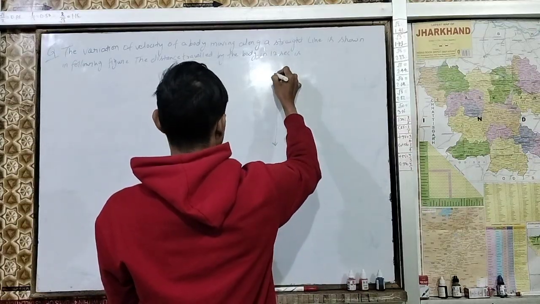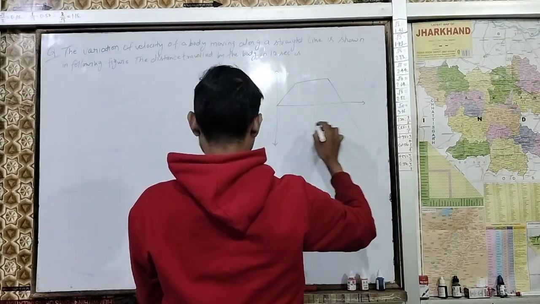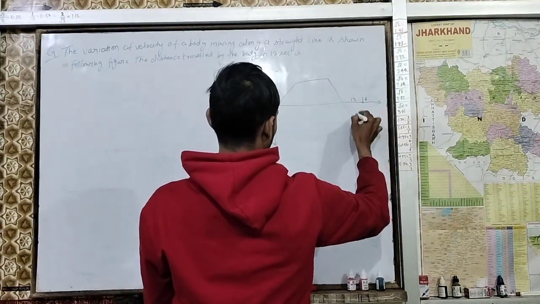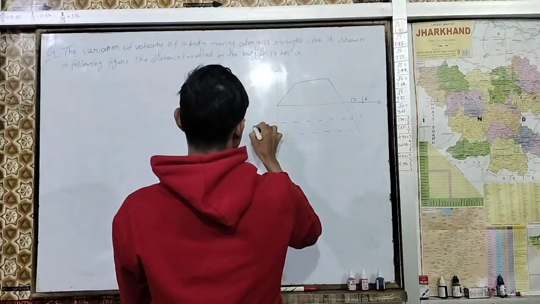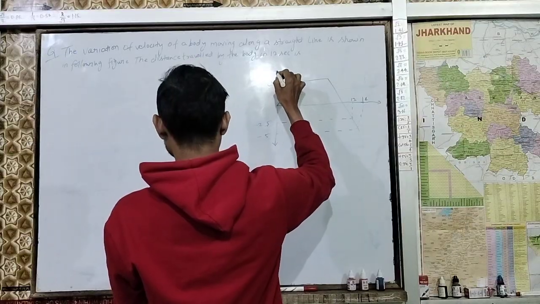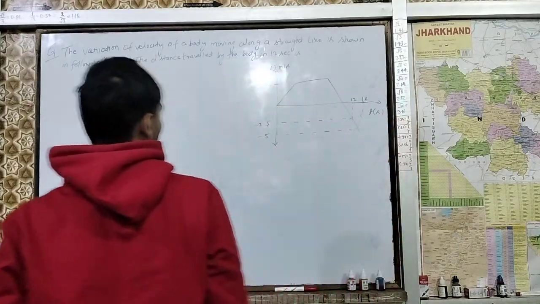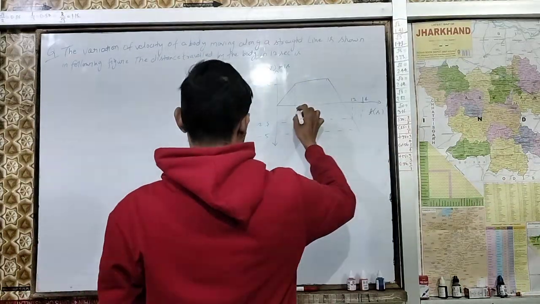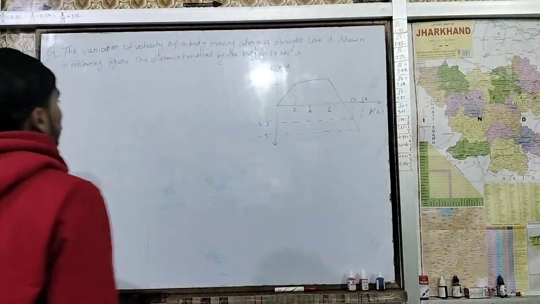This is the figure. It is a v-t graph. If you take this parallel, this perpendicular, we get x as 2 and 6. This is 4. This is the complete question.